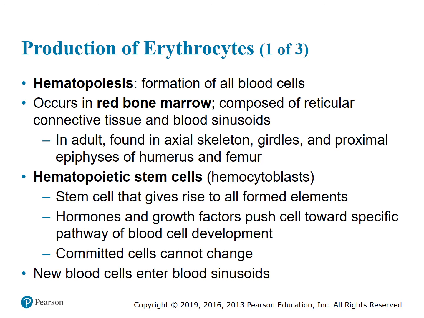Hematopoietic stem cells, also known as hemocytoblasts, are the stem cells that give rise to all formed elements. Hormones and growth factors push the cell toward a specific pathway of blood cell development, and committed cells cannot change. The new blood cells then enter the blood sinusoids.